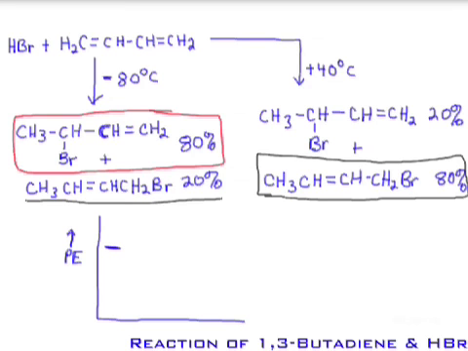And the black molecule, of course, was the most stable, 1,4, the more substituted double bond, so it's more stable. The red molecule is less stable. It's the 1,2 addition product. The black molecule had the largest energy of the transition state, so it's got the big hill.